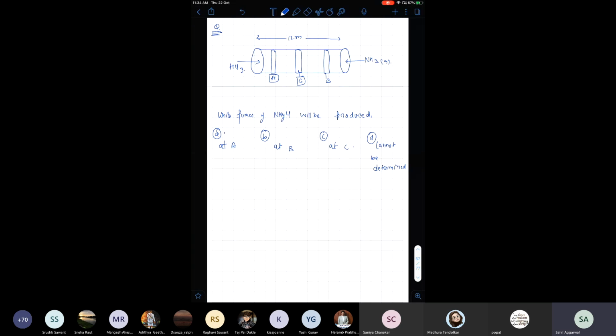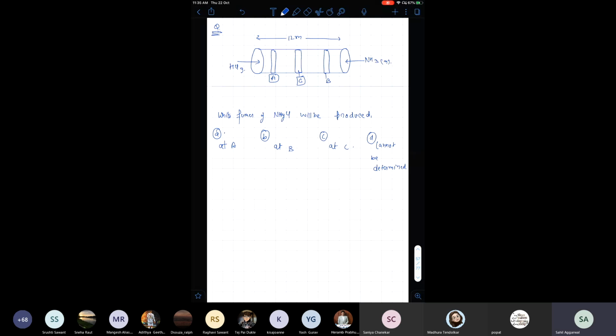Sanjana, can you give me reason for that? Why it's at A? I think it should be at B. Sanjana, can you speak up? As the mass of NH3 is less, so it will go more fast and will get combined with HCl at point A. Very good.